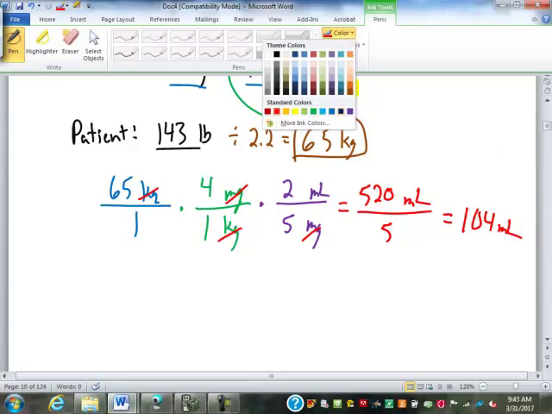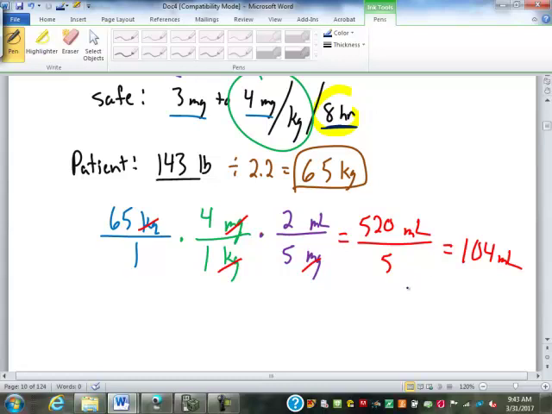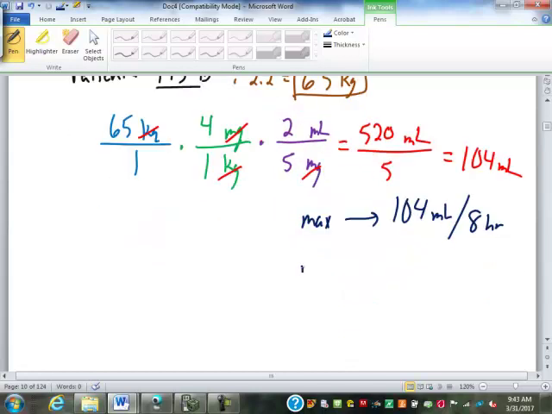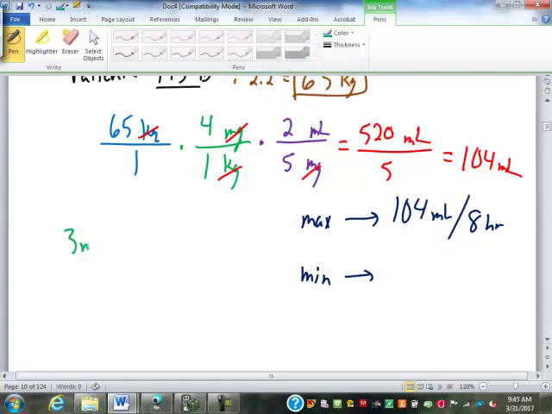Now remember, we have to look at the label. That was every 8 hours. So that is 104 milliliters every 8 hours. That is the max. While we're at it, let's find the minimum. So we're going to use that titration. 3 milligrams related to 4 milligrams.